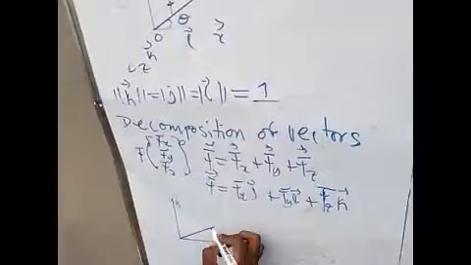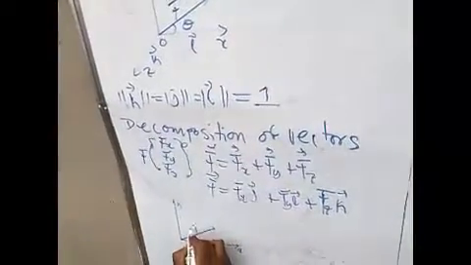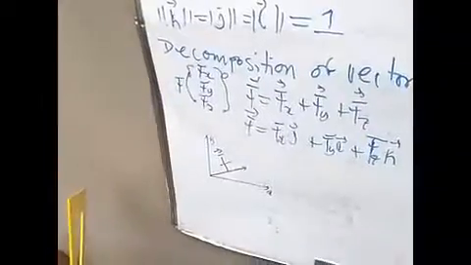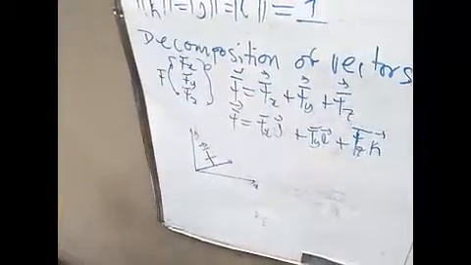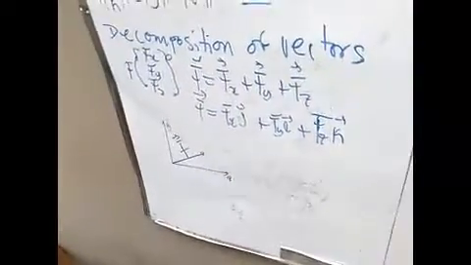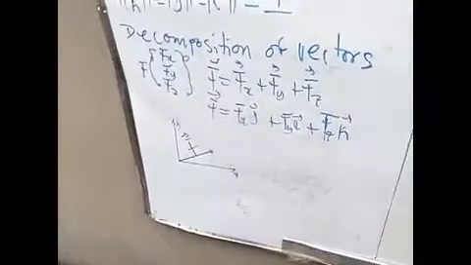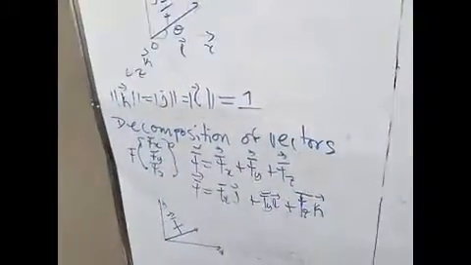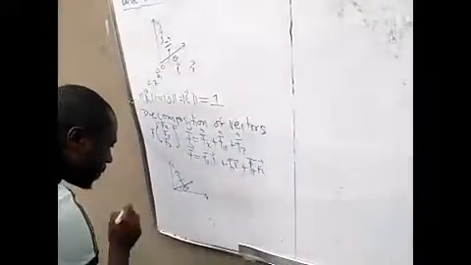This vector F can be called a force. Force is a vector quantity. Velocity and acceleration are vector quantities, because we have both magnitude and direction. Now this is my angle.